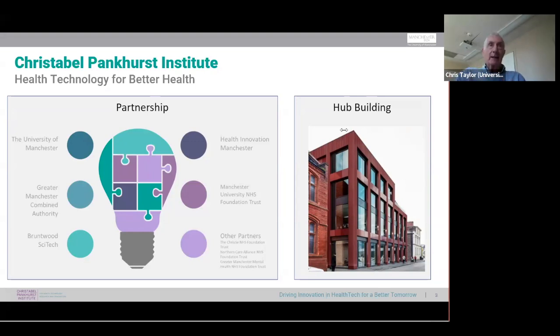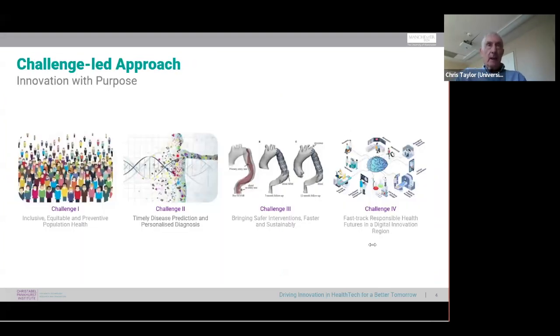So that's what the Pankhurst is. Very briefly, it has a strategy that the new director, Alex Frangi, has developed over the past few months. The really important point is that it's not technology-led, it's challenge-led.